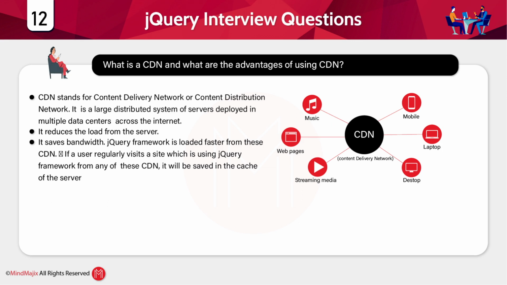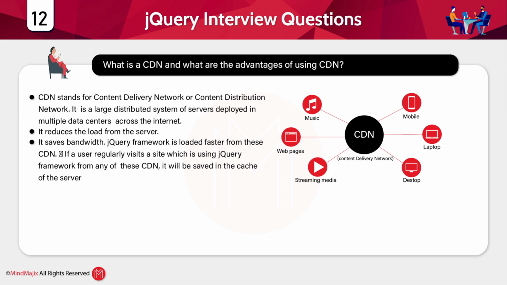So coming to the next question. What is a CDN and what are the advantages of using a CDN? CDN, Content Delivery Network. And you all know that to use the JavaScript library we require a CDN. So the answer is CDN stands for Content Delivery Network, a content distribution network.